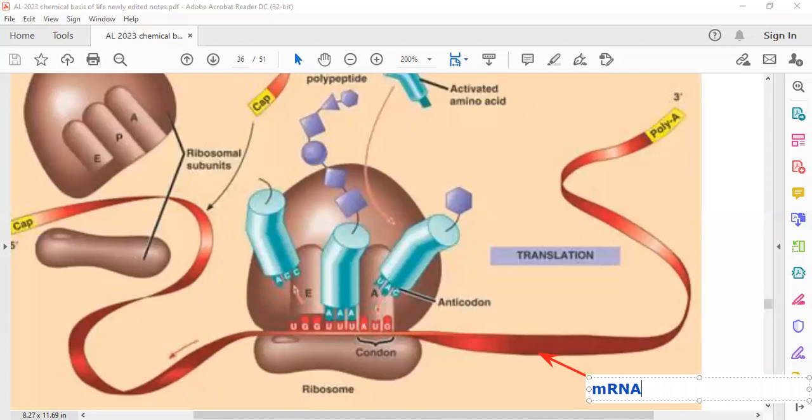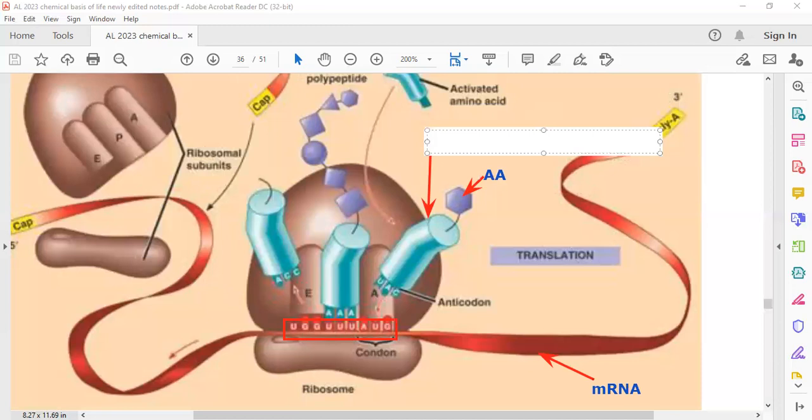mRNA is bringing the nitrogen base sequence here. According to that sequence only, amino acids are connected. To bring the amino acid, this RNA is possible. This is amino acid. If that is amino acid, what RNA is this?